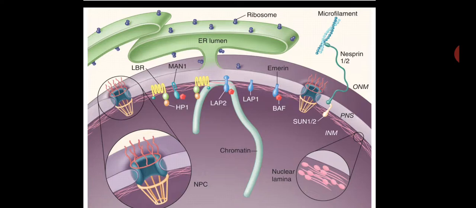The nucleus is spherical, sometimes ellipsoidal or fusiform in shape. The size of the nucleus is very important to switch on cell division.